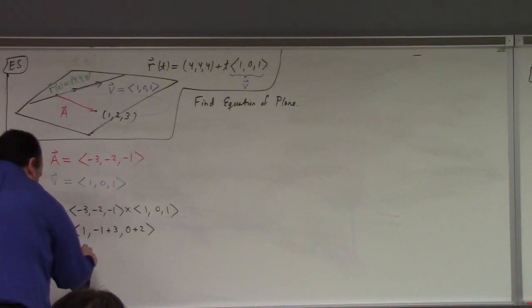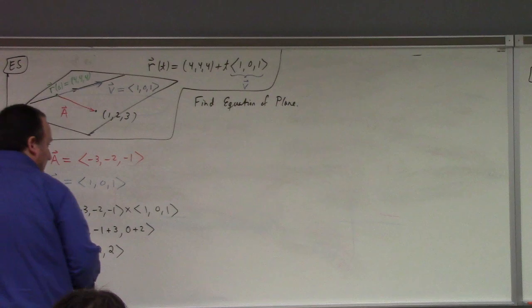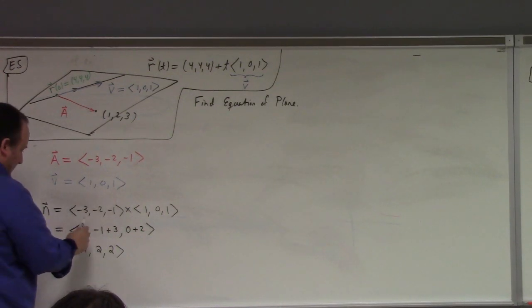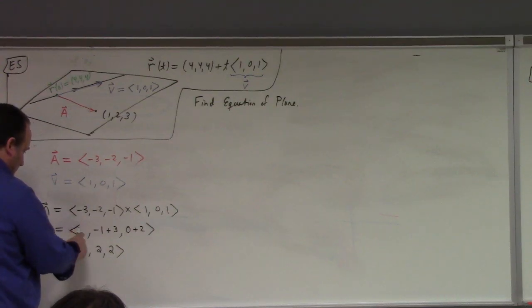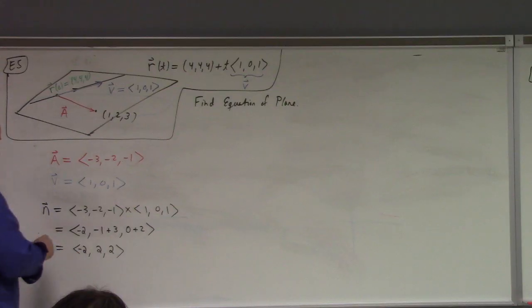If I haven't made some silly mistake, that should be 1, 2, 2. This is a cross product, so, oh, that's definitely wrong, right? So where did I make my mistake? The x should be -2. This is -2? All right.